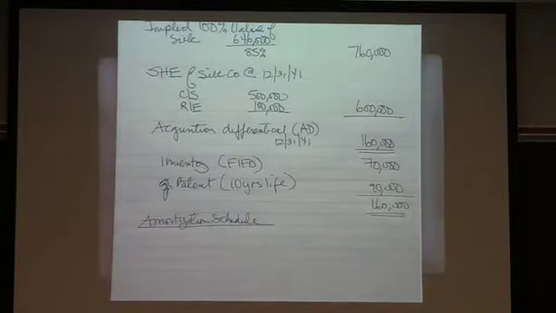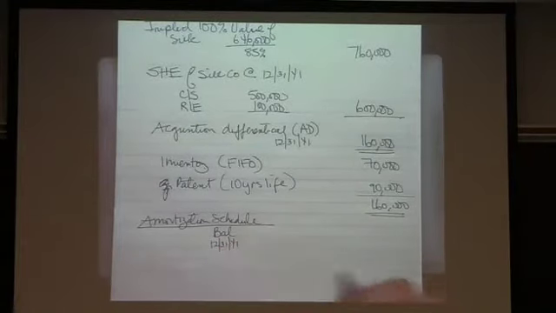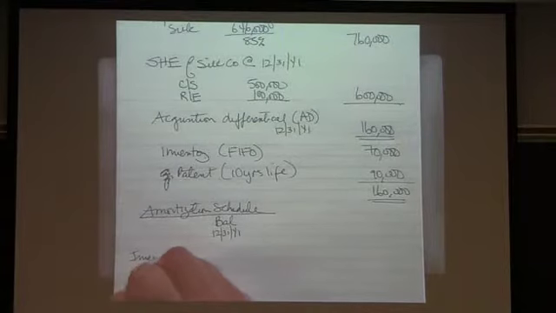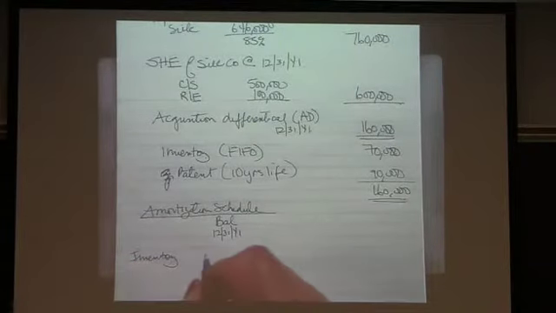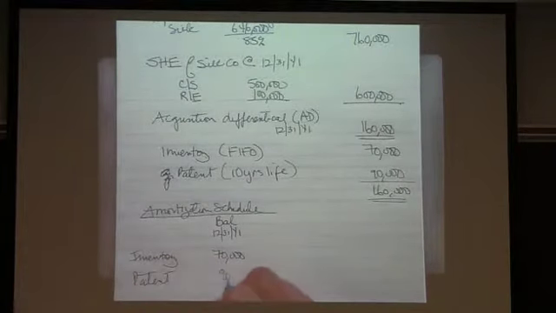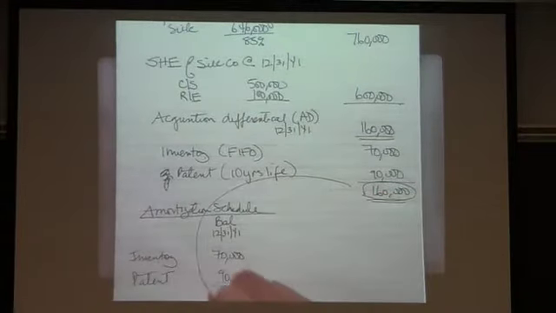The amortization, first, list the balance as of December 31st, year one, the date of acquisition. Now we had inventory for $70,000, and patent for $90,000. So altogether it's the 160. So this always ties to the acquisition differential.